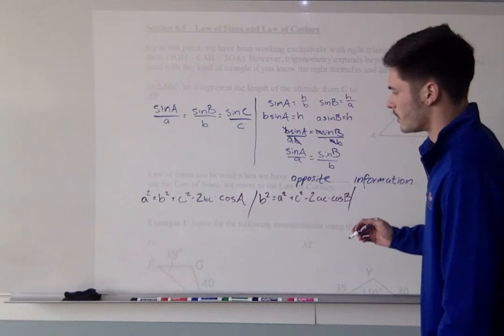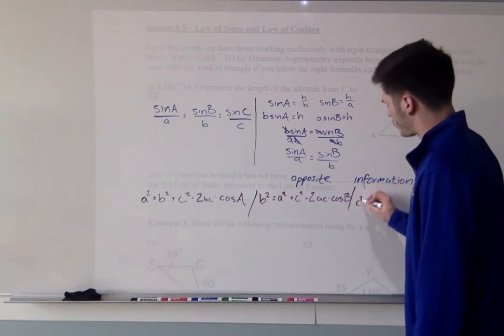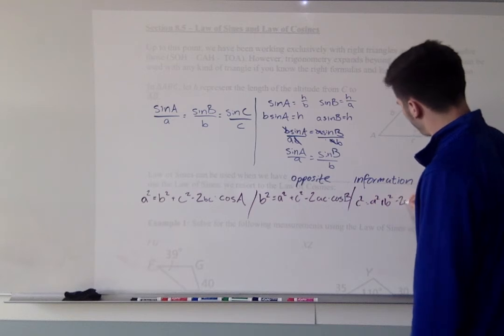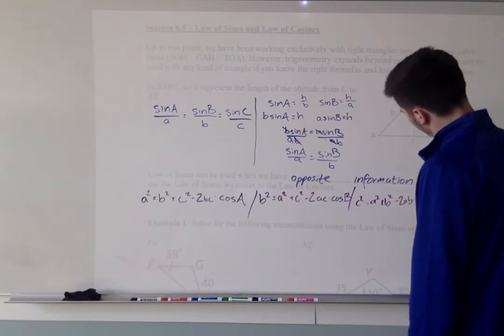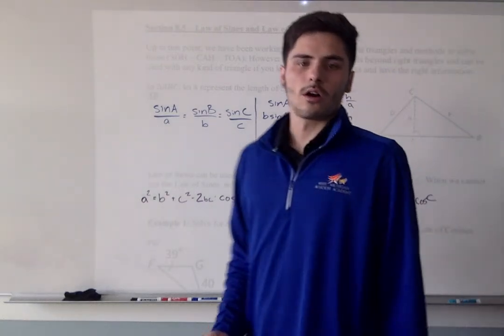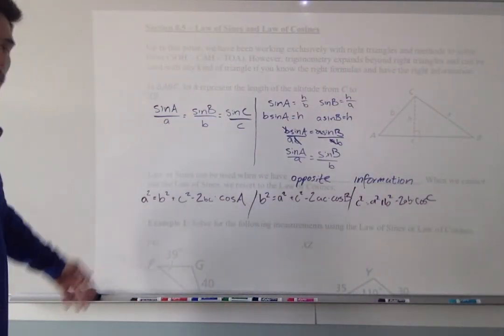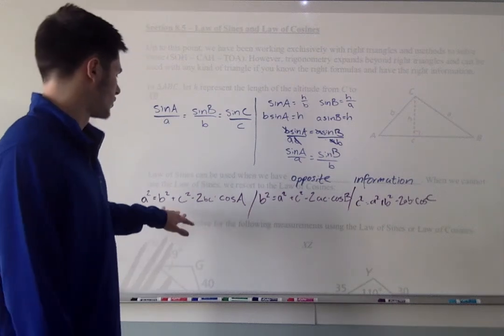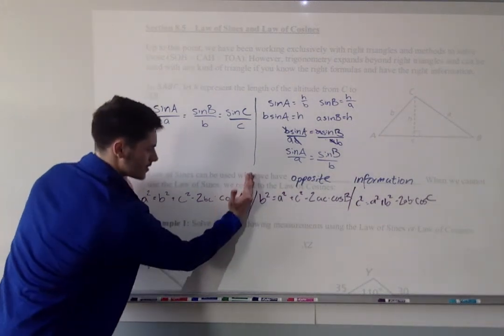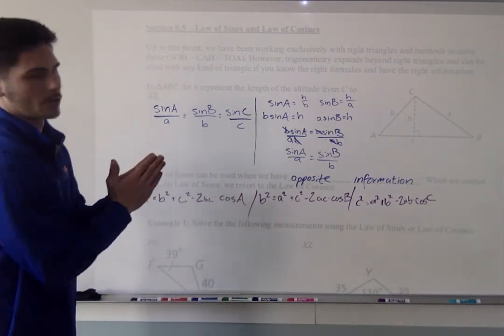And then lastly, the same way, we've got c squared equals a squared plus b squared minus 2ab times cosine of C. So here's our law of cosines formula. Like I said, it might be pretty difficult to memorize, but you can think of it as the opposites are at the ends. Now we're going to close the other information up.